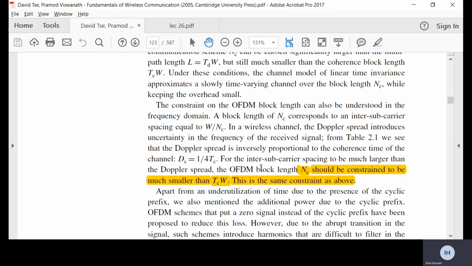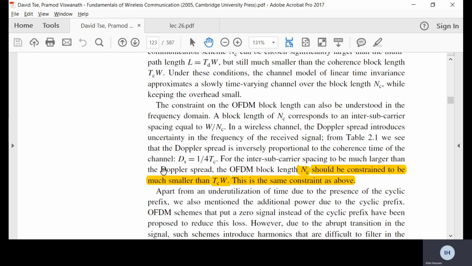You can also understand this constraint with the help of the frequency domain representation. We have seen earlier in the lectures that NC is the number of carriers and W was the total allocated bandwidth. So the inter-subcarrier spacing will be equal to W over NC, the interval between each of the NC frequencies.